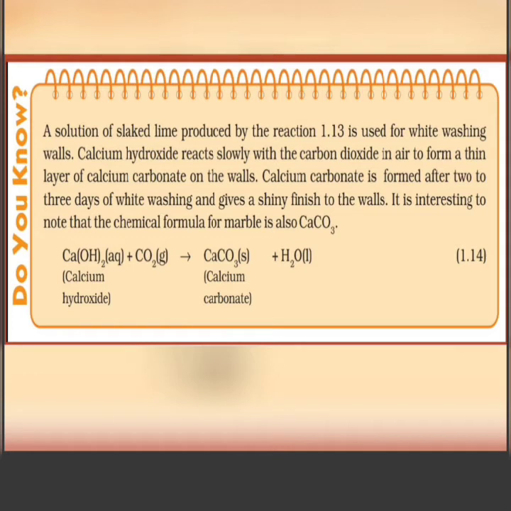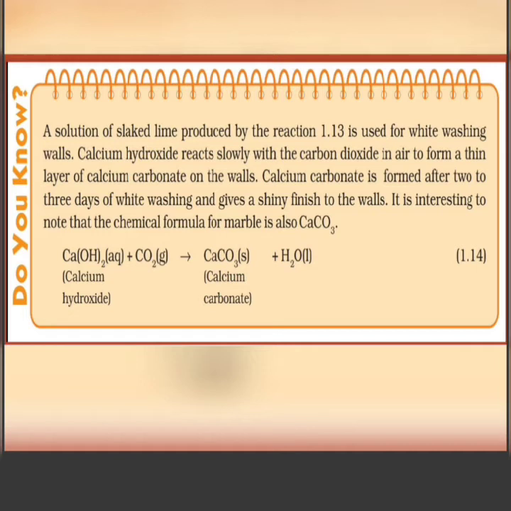This is an additional point. It is not related to combination reactions. Previously, we were discussing calcium hydroxide. Okay, and you know it very well that calcium hydroxide is used for whitewashing walls. So calcium hydroxide, when it reacts slowly with carbon dioxide present in air, now this carbon dioxide is given out by humans only. So when calcium hydroxide on the walls reacts with carbon dioxide in air, it forms a thin layer of calcium carbonate on the walls.